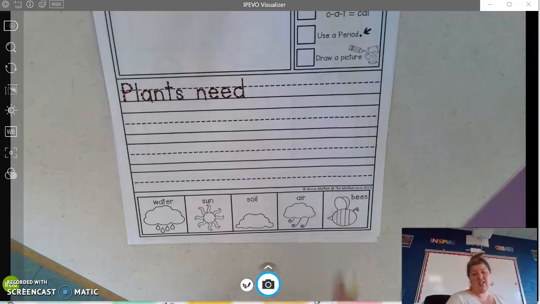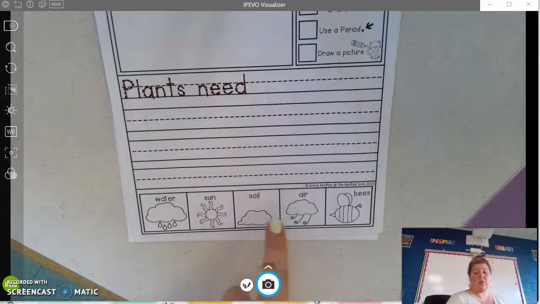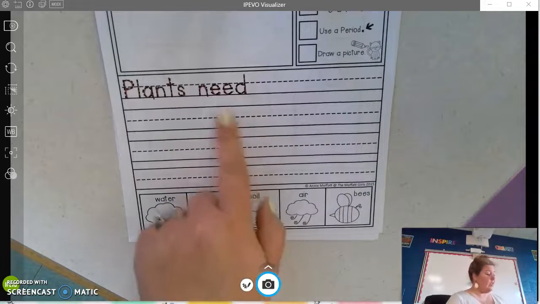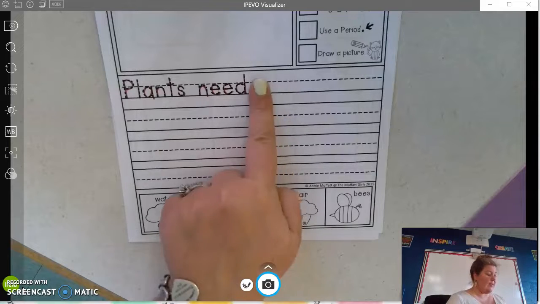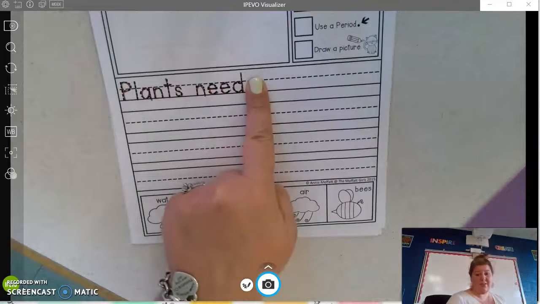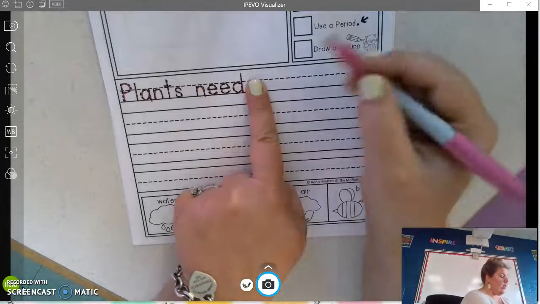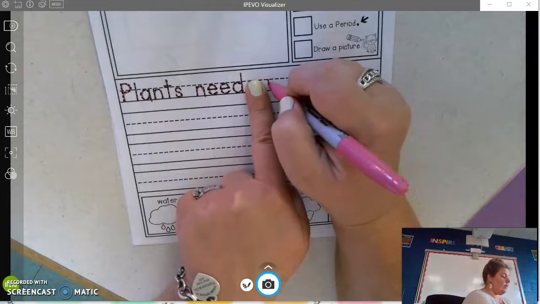You can write these things in any order, but for me, so I don't get confused or mixed up or miss one or write one twice, I'm just going to start with water and go right down the line, okay? So plants need. I'm going to put my finger space. I didn't put my finger after plants because they already wrote need for me. So I'm putting my finger down after need, and I'm looking on how to spell water.